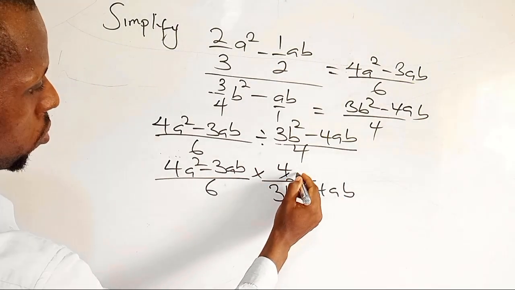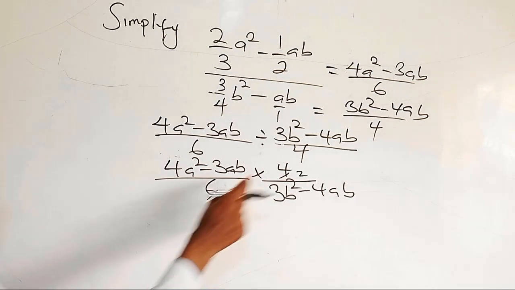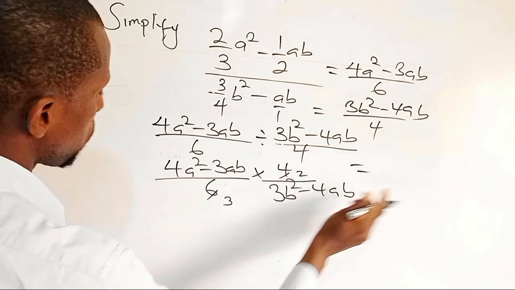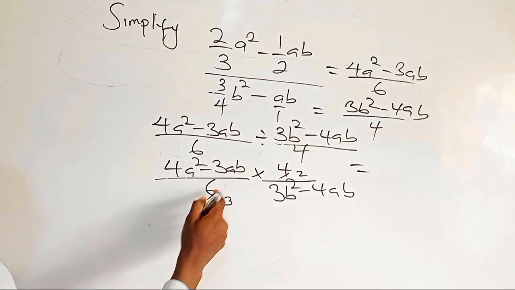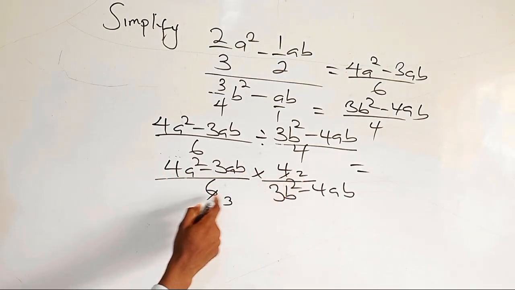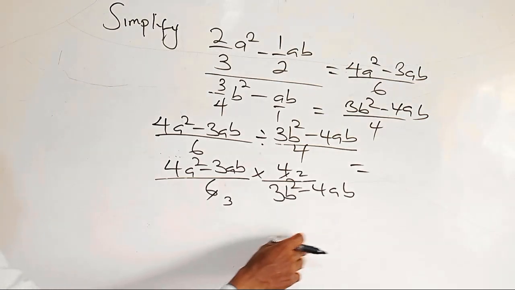I have 2 in 4 to be 2, 2 in 6 to be 3. Okay, so when I simplify further, for 4a squared minus 3ab, I have 3b squared minus 4ab at the denominator as well.